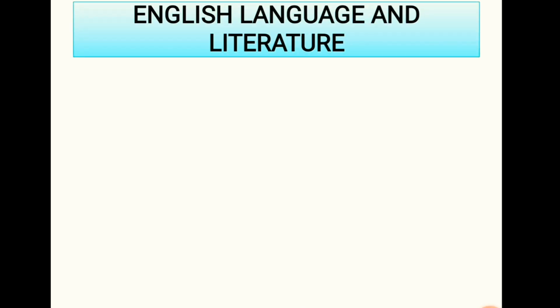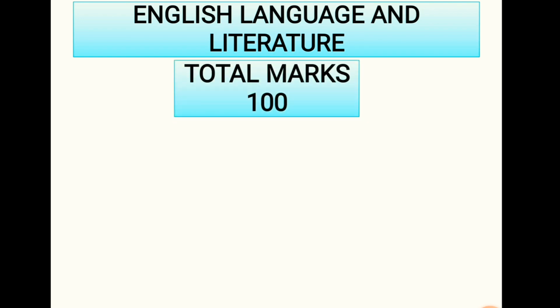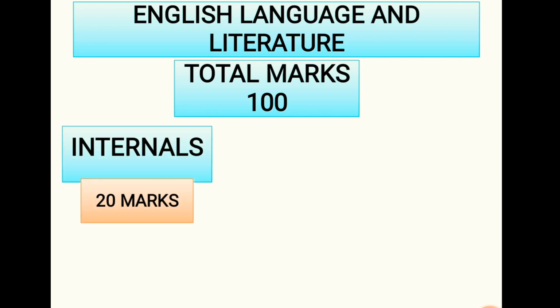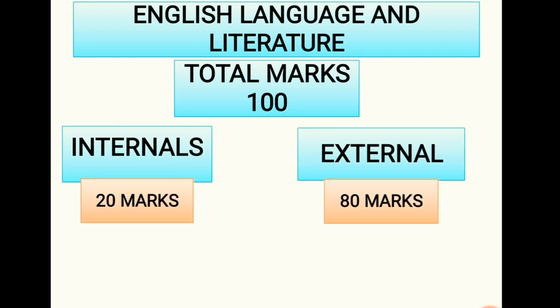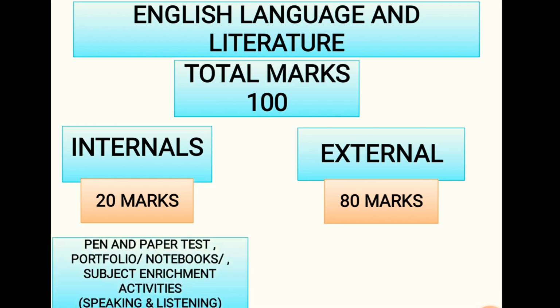Now let us look at the distribution of our 100 marks in our English Language and Literature paper. Our 100 marks will be broken down into internals 20 marks and externals 80 marks. Let us look at the internals.